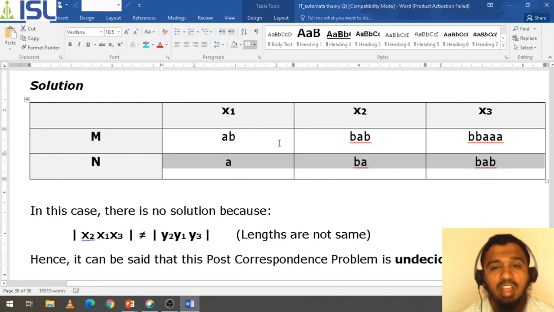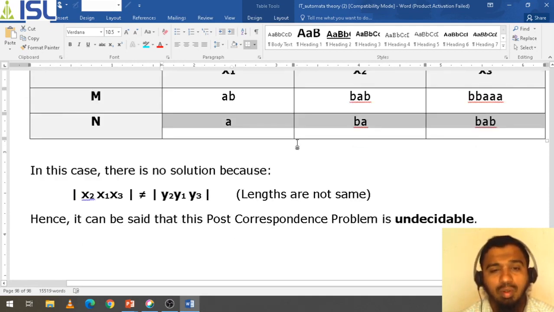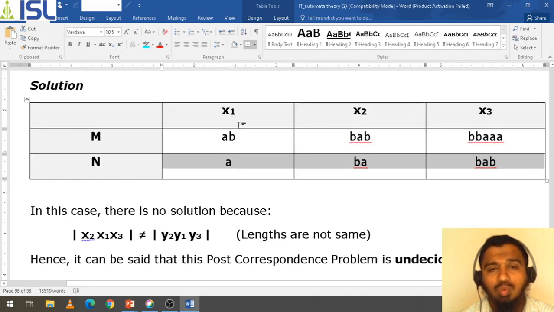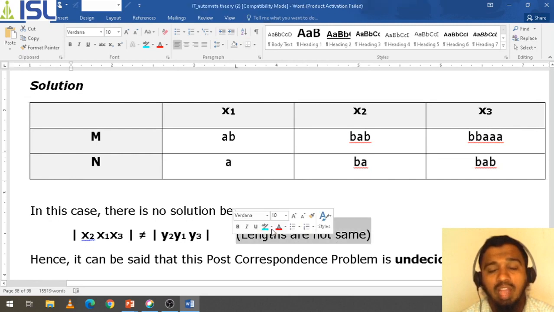You can take any number, you can go with x2, x3, x1, anything. So x2 x1 x3 does not belong to y2 y1 y3. The lengths are not the same. As I told you, the length of these symbol strings is not equal.